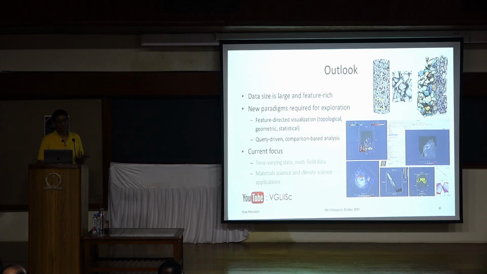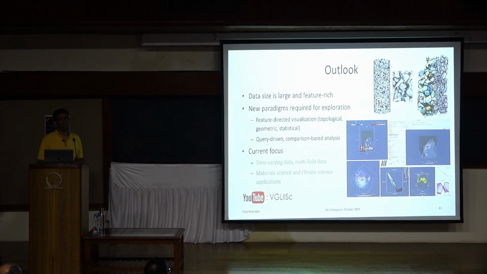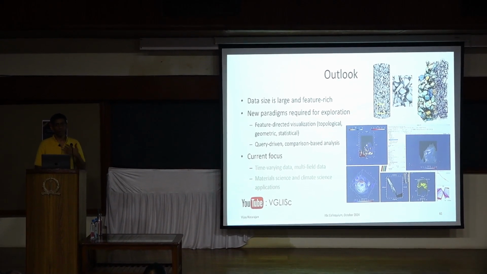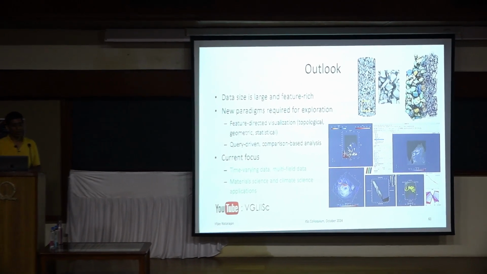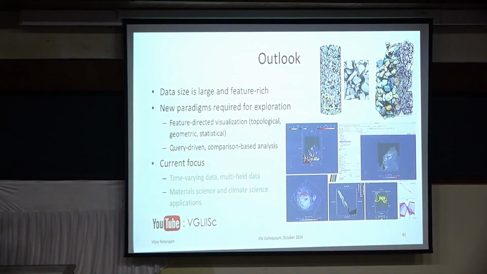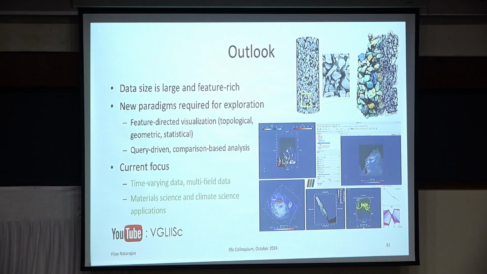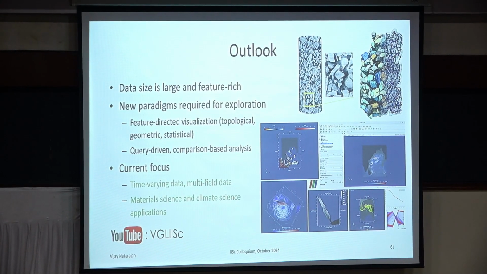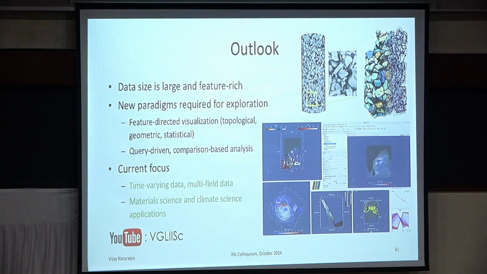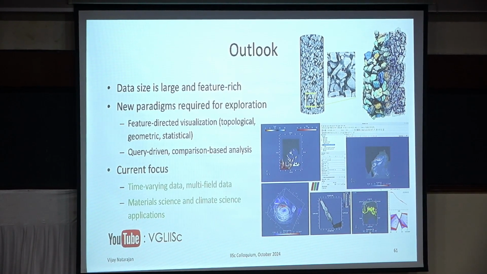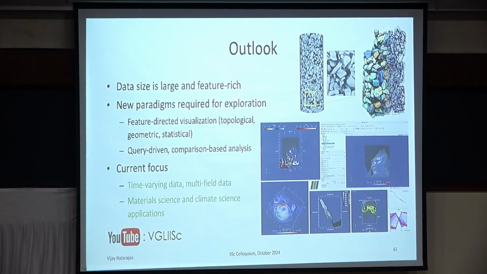So the outlook is that the data continues to be large in size and feature rich. So new paradigms are needed for exploration, and I continue to be interested in applying topology-based methods for exploring these data sets, with a specific focus on time-varying and multi-field data and applications to material science and to oceanography. So that's some of the work with Vinay Chandran on the lower right.